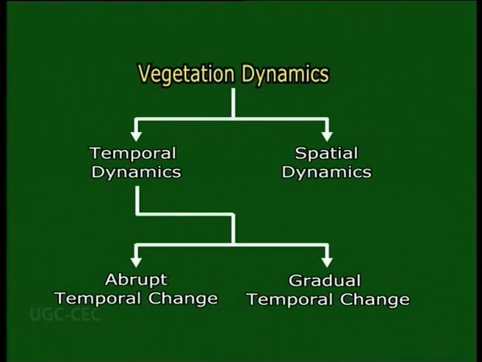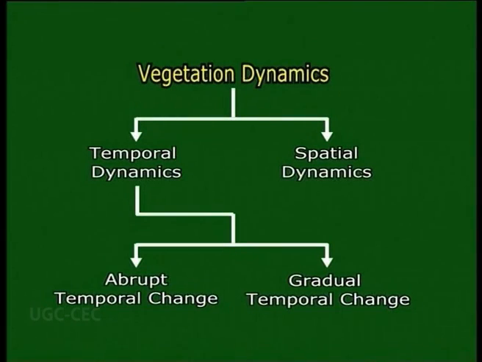Vegetation dynamics can be categorized into two types. Let us first start with temporal dynamics. Temporally, a large number of processes or events can cause change in vegetation, which can be further categorized as either abrupt or gradual.